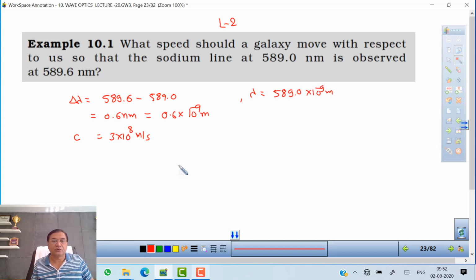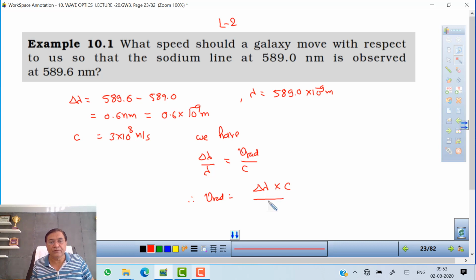So what is your formula? We have delta lambda upon lambda is equal to V radial upon C. Therefore, V radial is equal to delta lambda into C upon lambda. So we put all this value: 0.6 into 10 raised to minus 9, 3 into 10 raised to 8 upon 589 into 10 raised to minus 9.